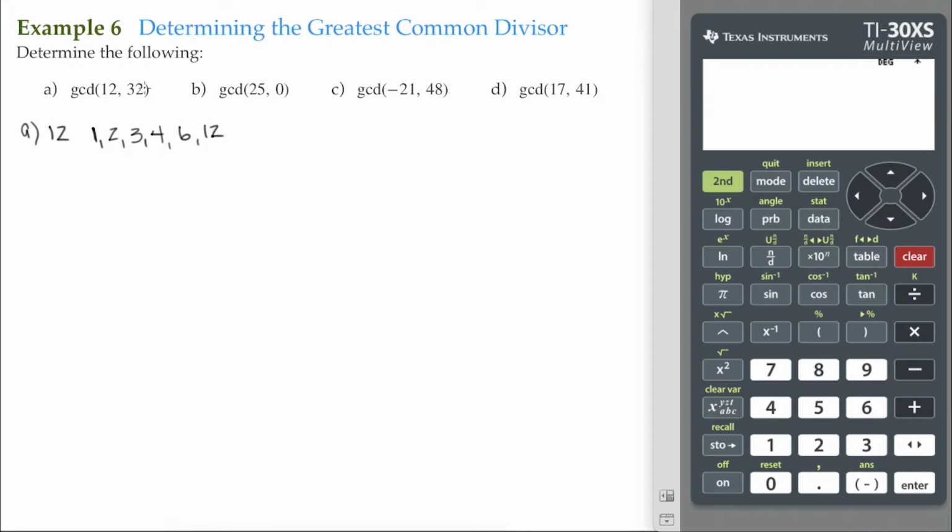And then we do the same for 32. 32 is 1, 2, 4, 8, 16, and 32. So then the largest divisor that's in common between the two is right here, 4. So the greatest common divisor between 12 and 32, I'm just going to label it right up here, is 4.